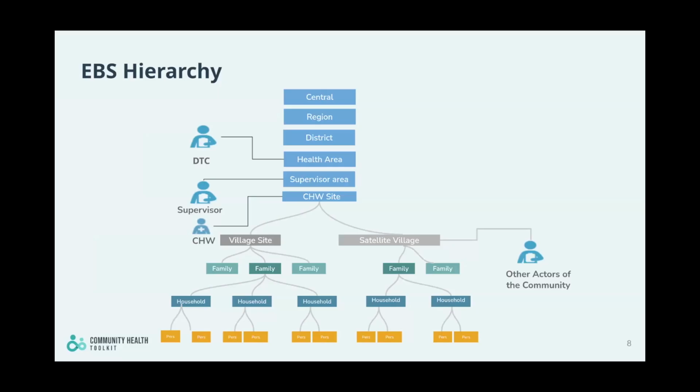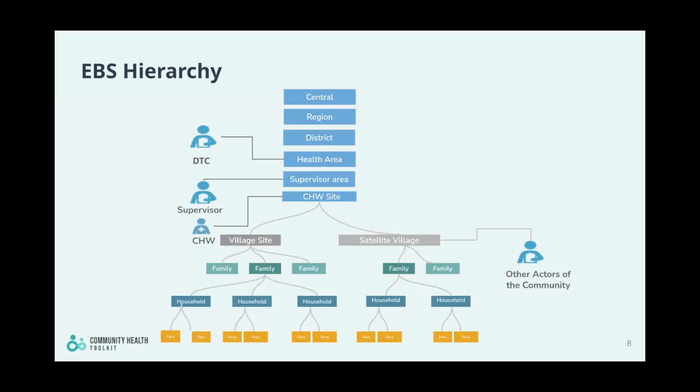In each district, we have a mini health area where you can see the DTC. It's, let's say, a nurse or a doctor at the health area, who can do some research or some diagnostics. We're going to see it later.